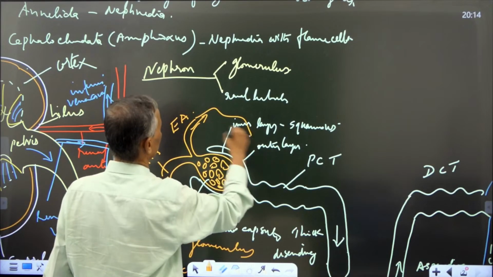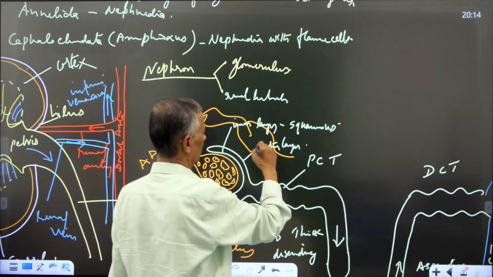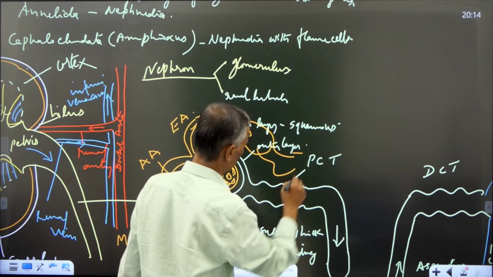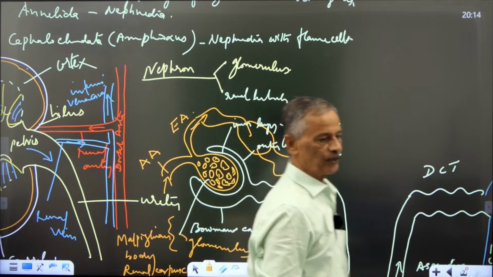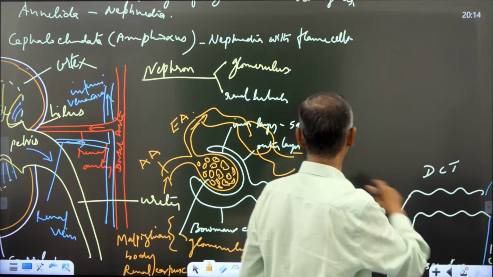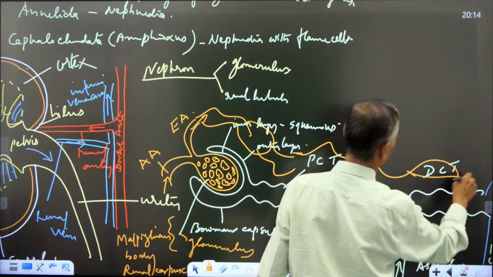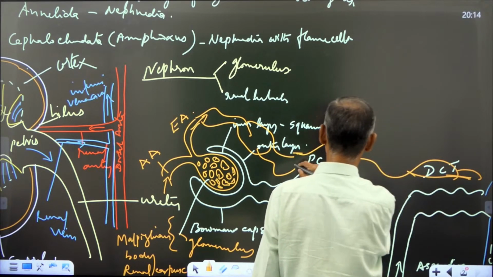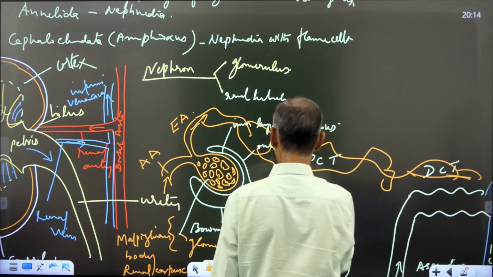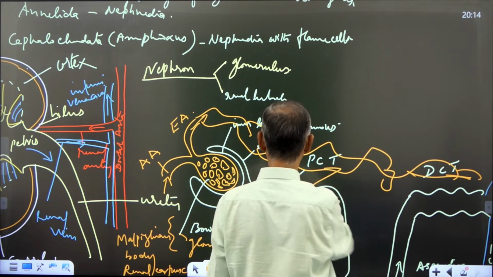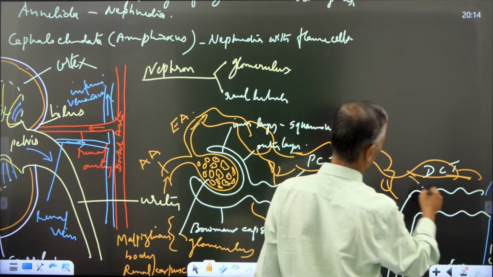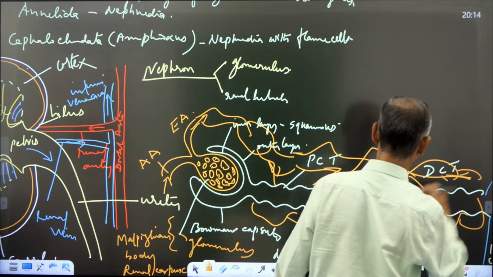It is branching and gives supply to the entire tubule, including PCT, DCT, Henle's loop, etc. So it is giving a large number of capillaries that surround the entire tubule.